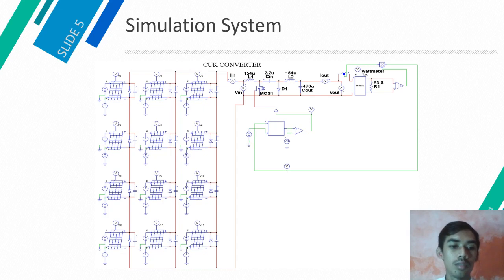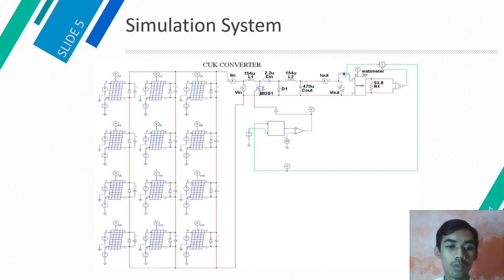This is the system simulation. From that picture, this simulation used 12 PVs where the configuration is 4 series and 3 parallel. Thus, the output voltage generated by the PV is 70 volt. In this Cuk simulation, there are several set points used, namely 400 watt, 600 watt, and 800 watt.